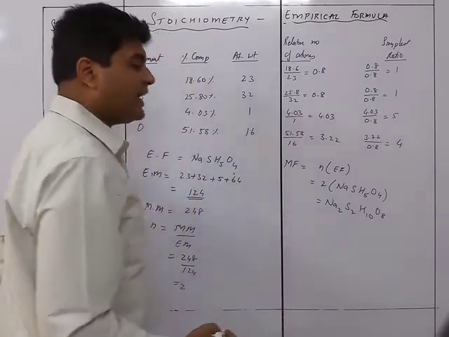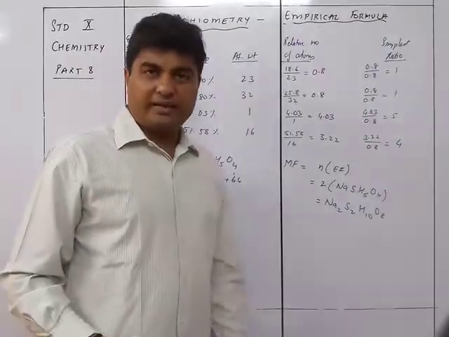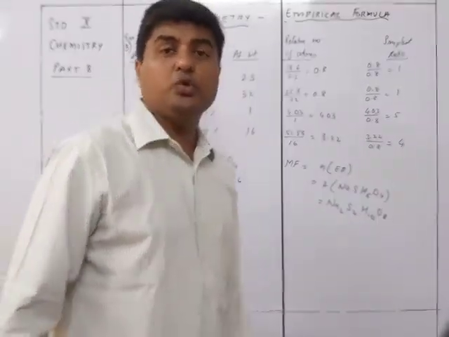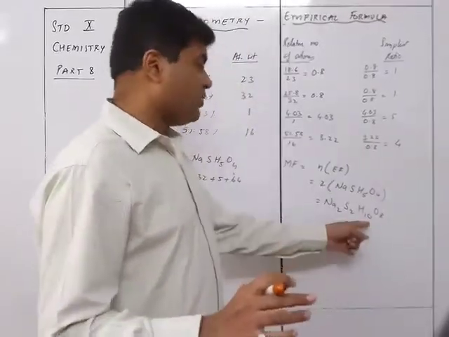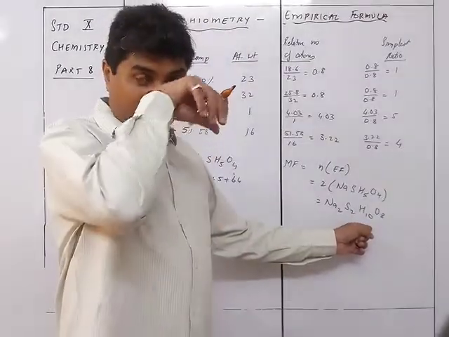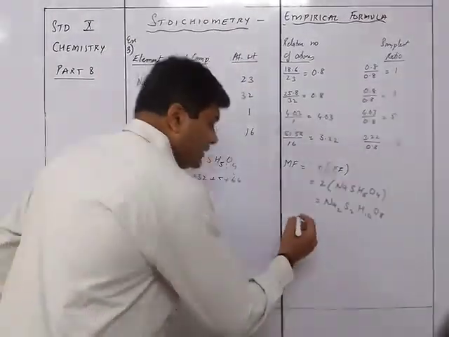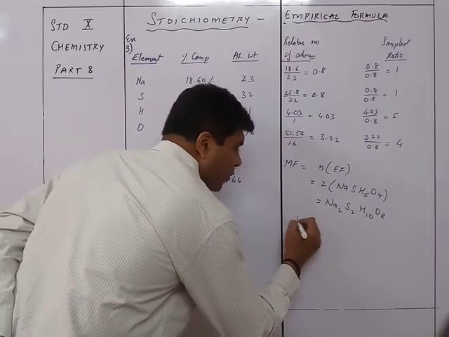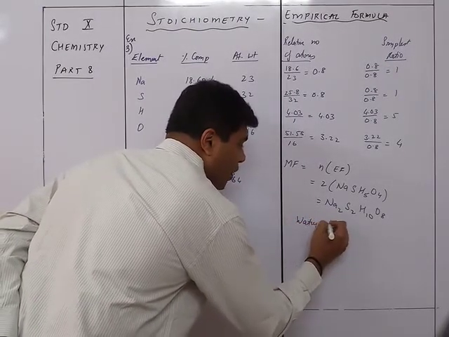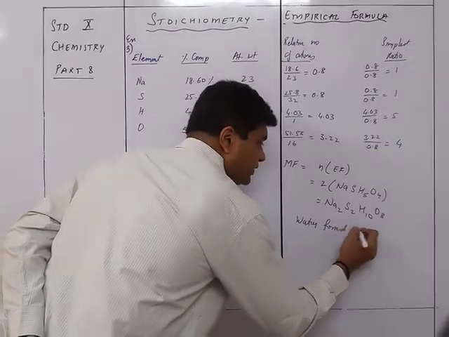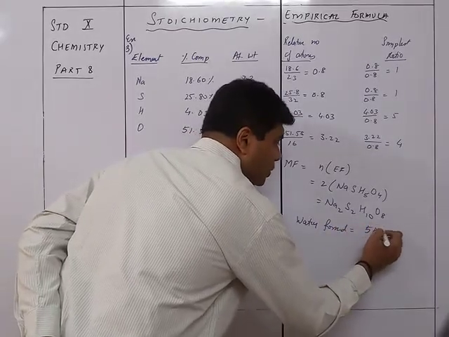Now it is given that all the hydrogen is being used for making water. That means how many waters can be formed over here? 5. So the water formed is 5H2O.